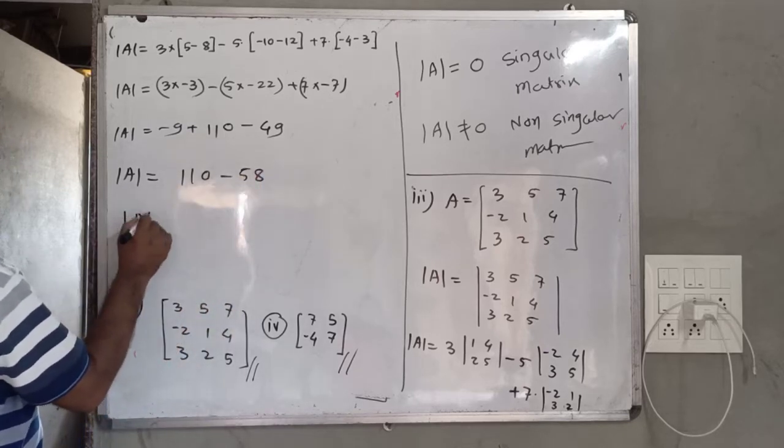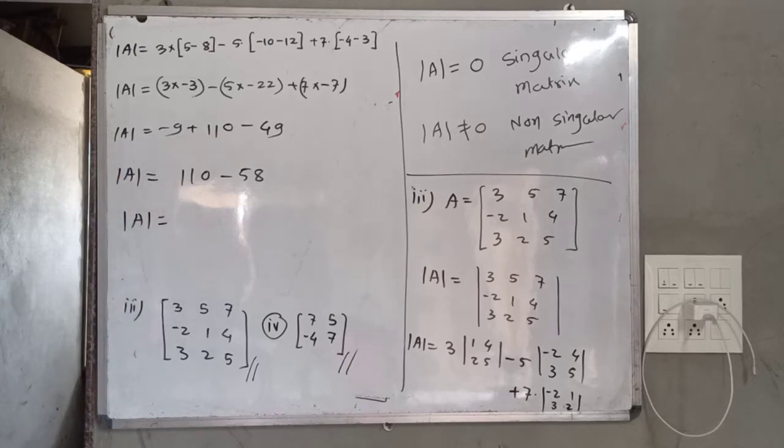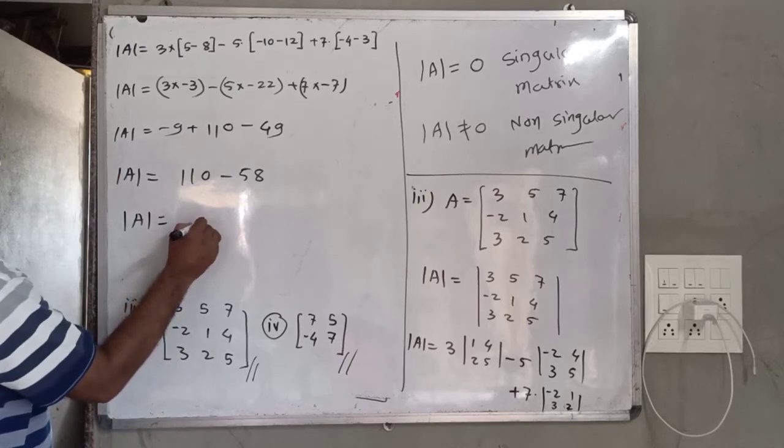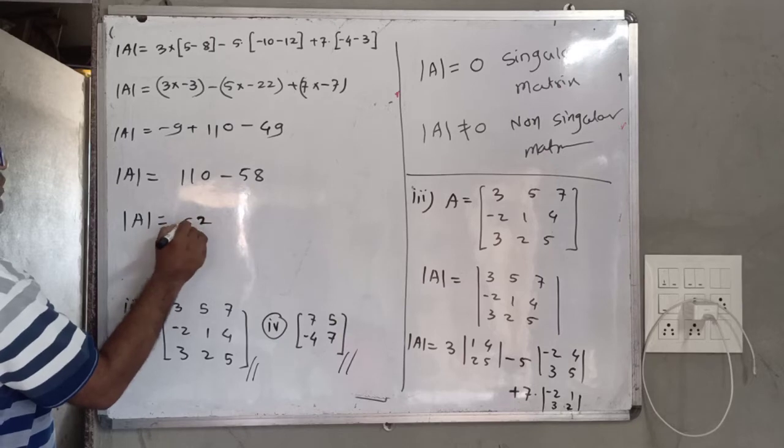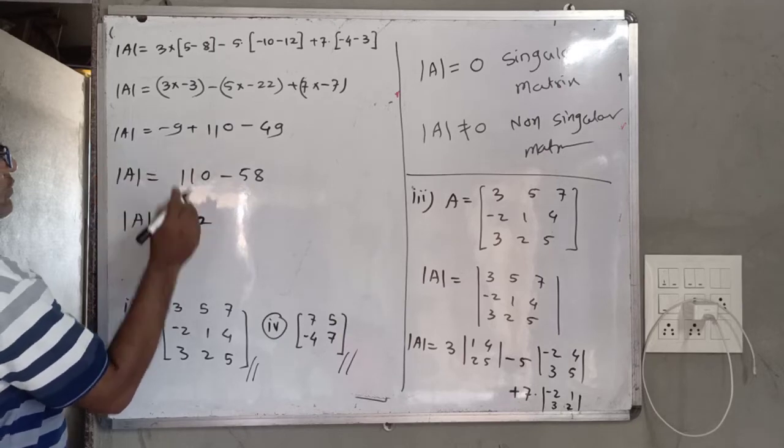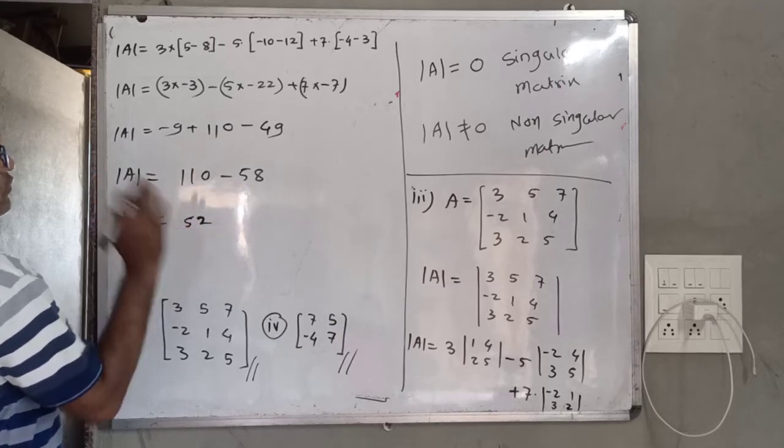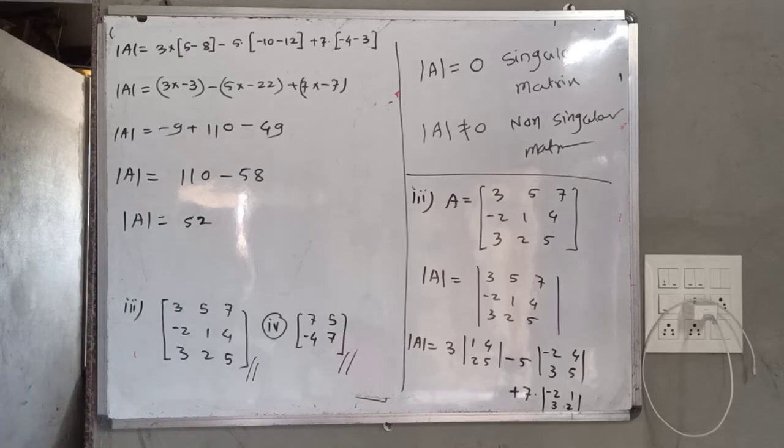So the determinant of A is equal to 52. The value is 52.